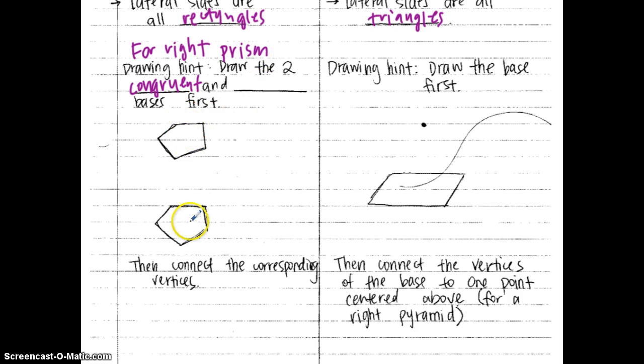So they must be congruent, and I can't tilt any of these. They must also be parallel. So the 2 bases must be congruent and parallel. So draw those 2 bases first, and then all you're doing is using a straight edge and connecting the dots basically.